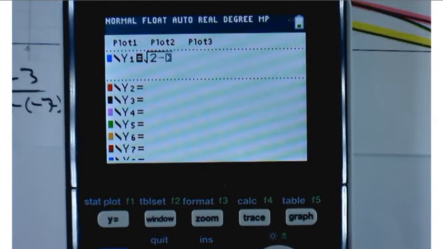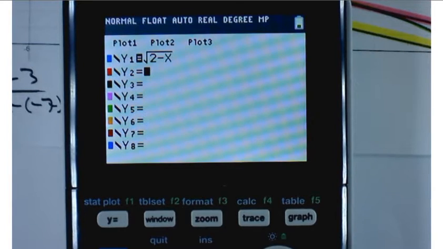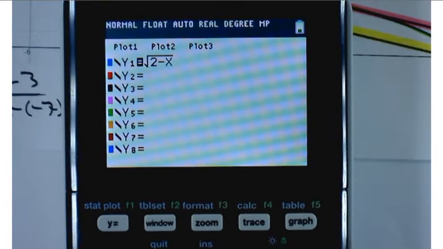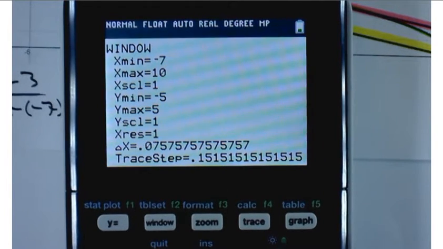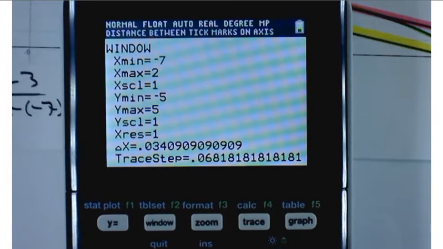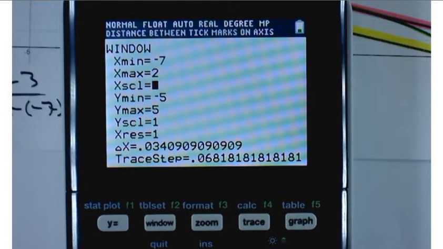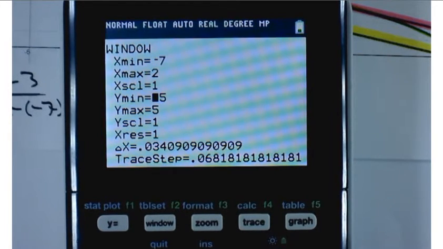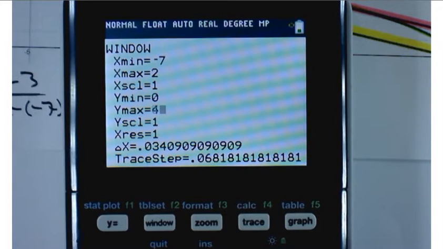And then I'm going to adjust the window to match that. So let's hit the window key and go -7 to 2. Now you can hit zoom fit, that is zoom 0. Looking at the graph, I already know that y min of 0, y max of 4 should do pretty good. You can actually go up to 3 for y max.